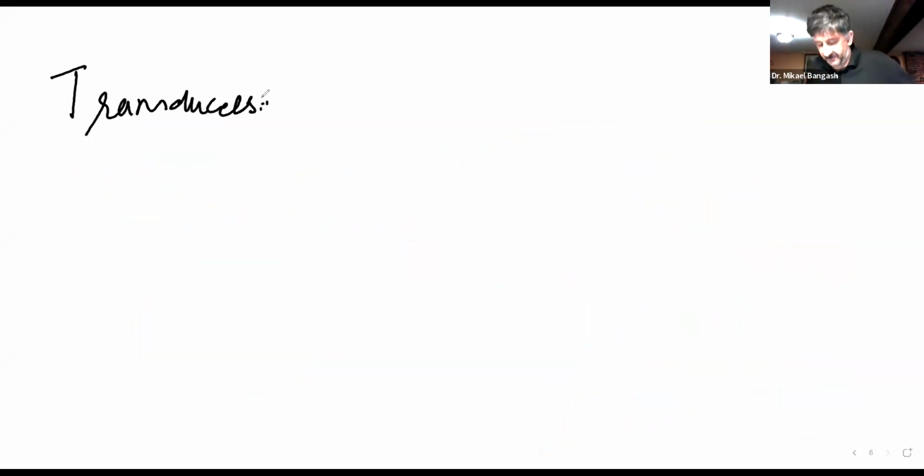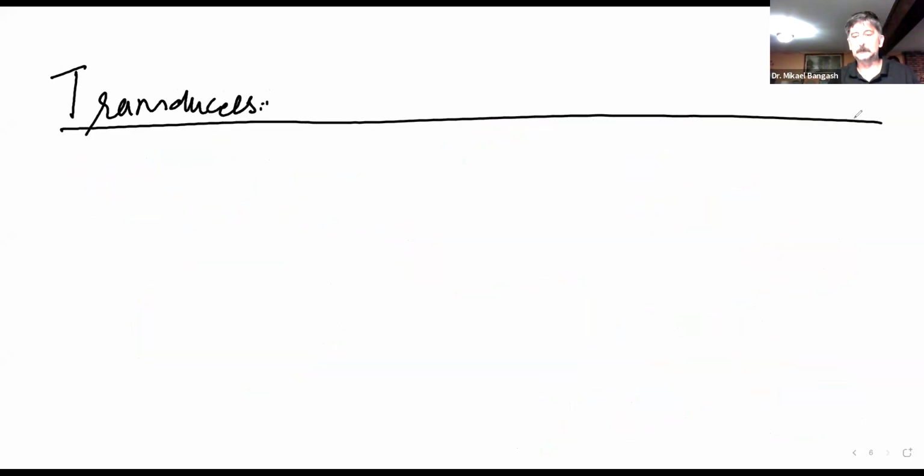Okay. So the kind of transducers that we will be talking about in this chapter here. Now, the first one is going to be what we will call a mechanical transducer.